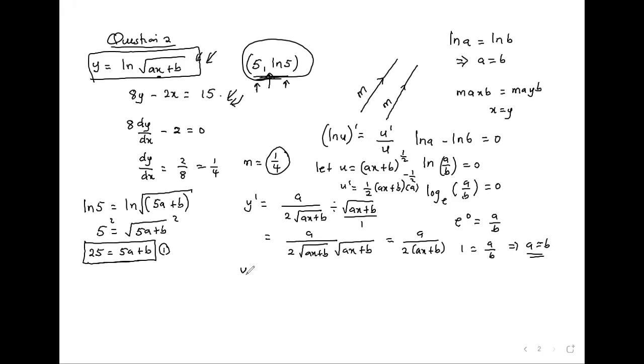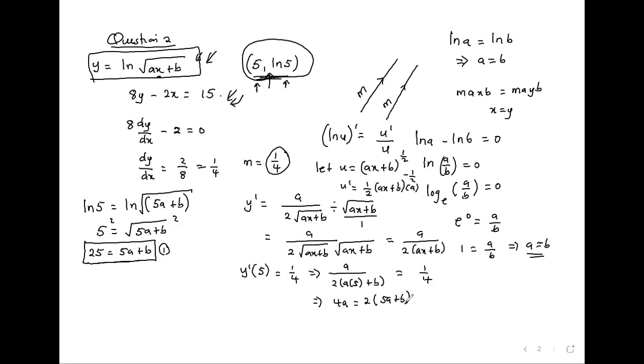They are only equal if x is 5, meaning at that point. So in y prime, where there is x, you put 5, you are going to get 1 over 4, implying that we have a over 2(5a plus b) giving us 1 over 4. So 4a is equal to 2(5a plus b).